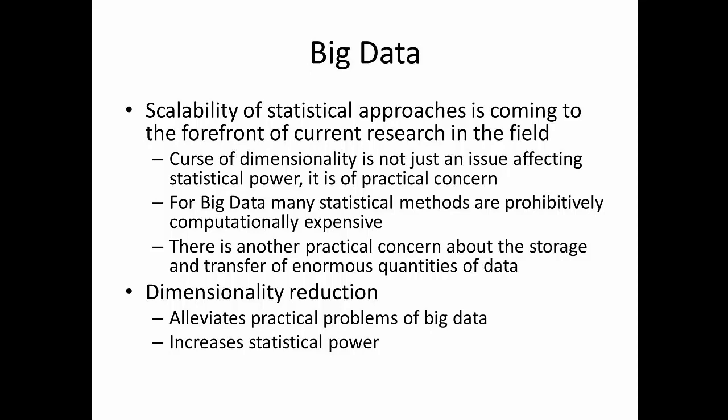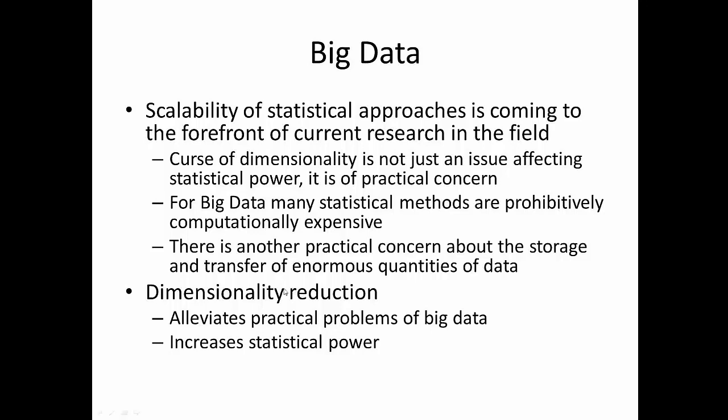So it's a practical issue that we can't use them. So finding new statistical approaches which are able to scale to the extremely large data sets, such as we're going to see in links, is becoming very important.